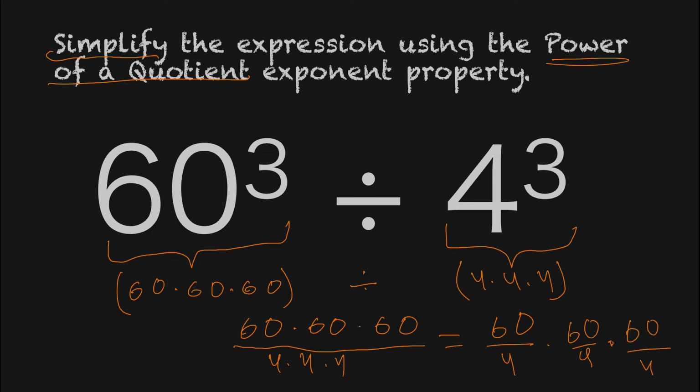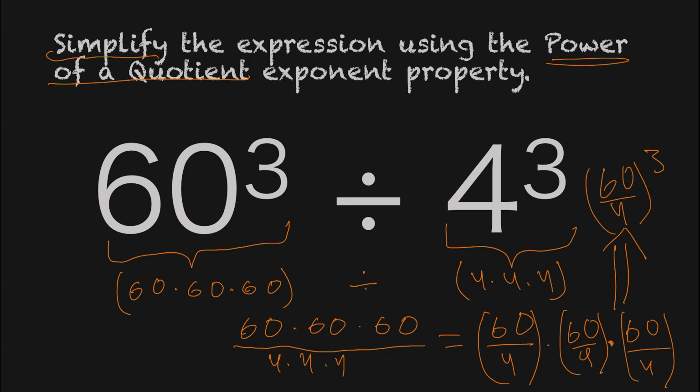I'm not sure what happened to my multiplication sign there. Okay. Now, we know that we are multiplying this one value, 60 divided by 4, by itself 3 times. So, we can again rewrite this as 60 over 4 to the third power.